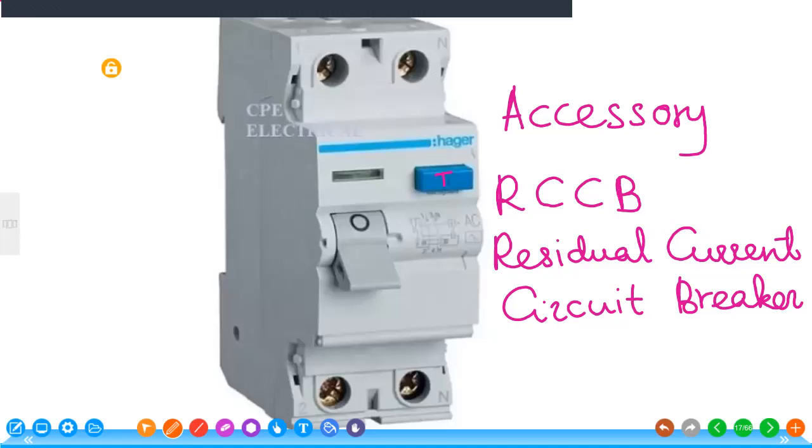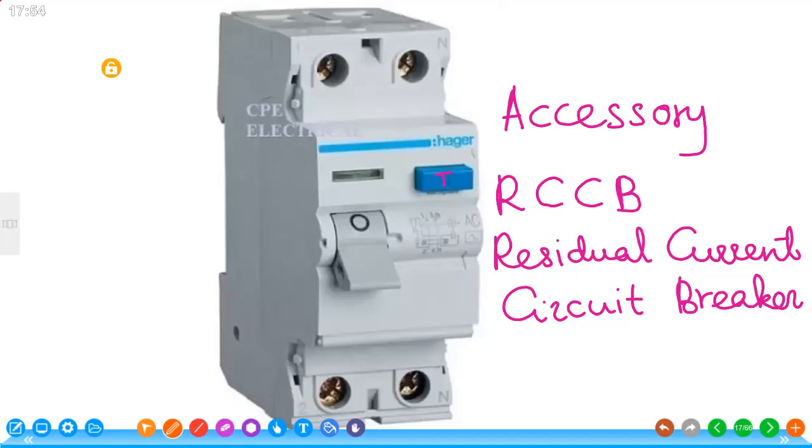Frequently, at least once a week, you have to test this button. And when you push this button, what should happen? The switch should turn off, otherwise the RCCB is not working. That means there's a risk. So we have to replace it with a new one.